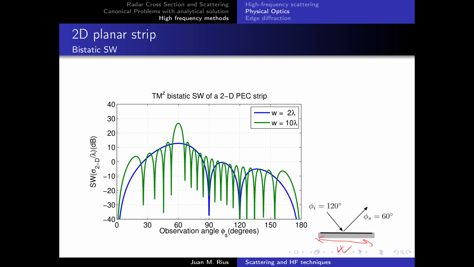But anyway, in the case of a large surface like this of 20 lambda, the green one, this is very close to what you can compute with method of moments, the exact solution. Very close. You would only have to add the contribution of the edges.